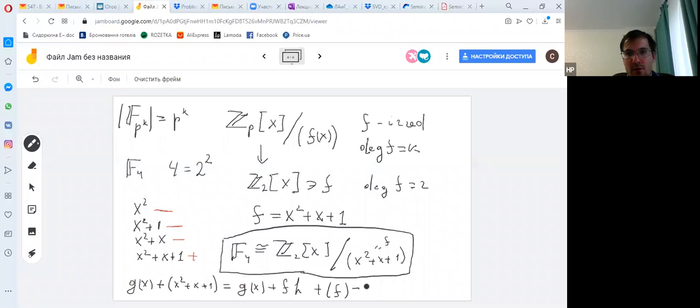So it equals r(x) plus this ideal, and the degree of r is less than the degree of f, which is equal to 2. So r is a linear polynomial.